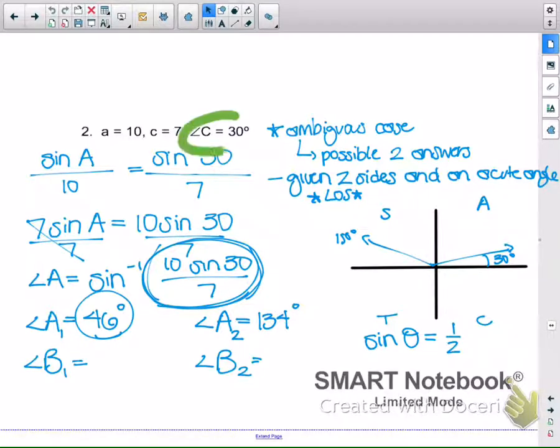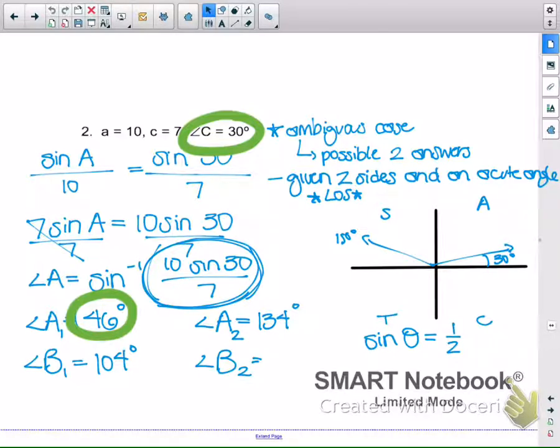If C was originally 30 degrees, in case 1, A is 46 degrees, how do I find B1? Okay, I just subtract 180 minus the other 2, which is 76 degrees, leaving me 104 for B. Is that okay? Yeah.